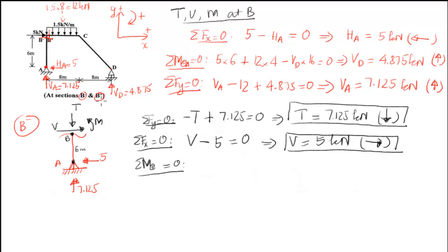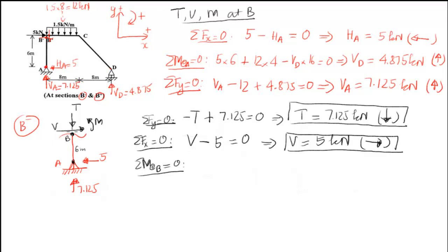Okay, so I would take sigma moment at B. Okay, so if taking moment at B here, T will be cancelled out, V will be cancelled out, and this reaction is going to be cancelled out. So we only left with 5 kilonewton here.